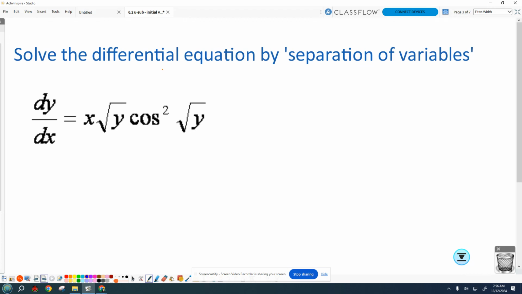So these are questions that are expensive on the AP exam. So first step in this is called separation of variables. What's the question? When you solved it before.